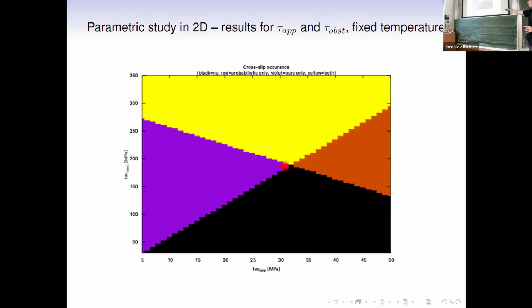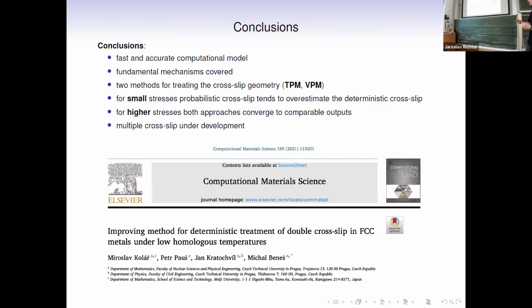In the red part, the probabilistic cross-slip happens only, with 0 chance for the deterministic one, and vice versa, the violet one is only our method, the deterministic cross-slip, and is capped to 0 probability for the probabilistic one. So we can see, in some sense, the probabilistic cross-slip serves as an upper estimate, and the deterministic cross-slip serves as a lower estimate. And the reality is expected to be somewhere in between.